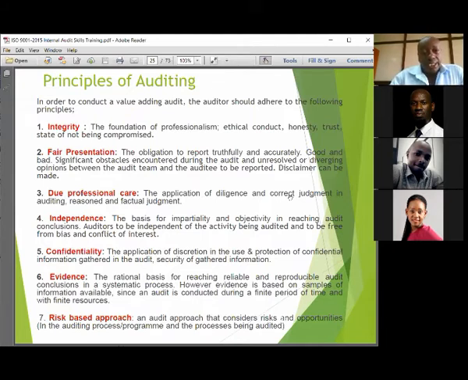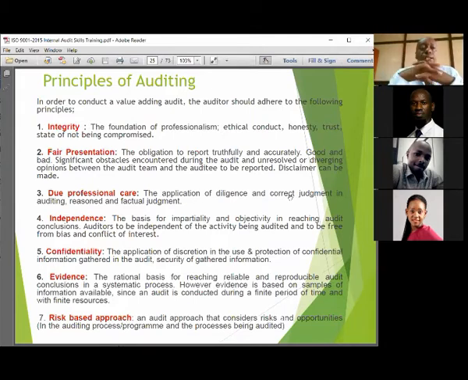And if there are any significant obstacles, they can be resolved, or you can indicate them in your report. If there are any obstacles that you have encountered during the audit or diverging opinions, you can indicate it.